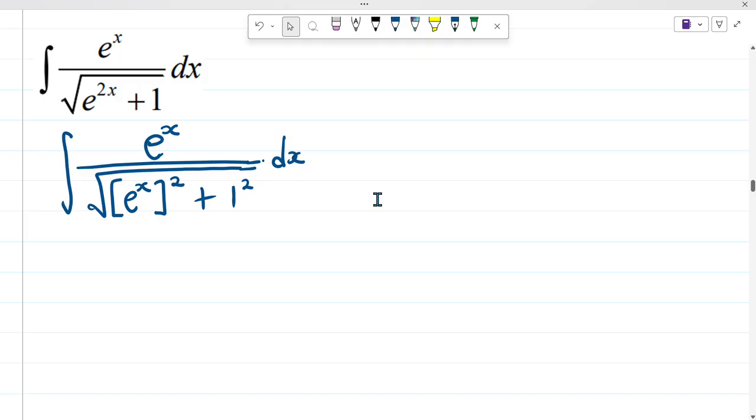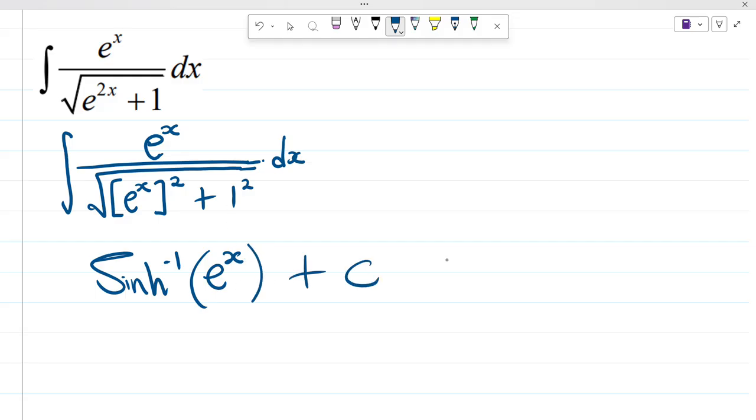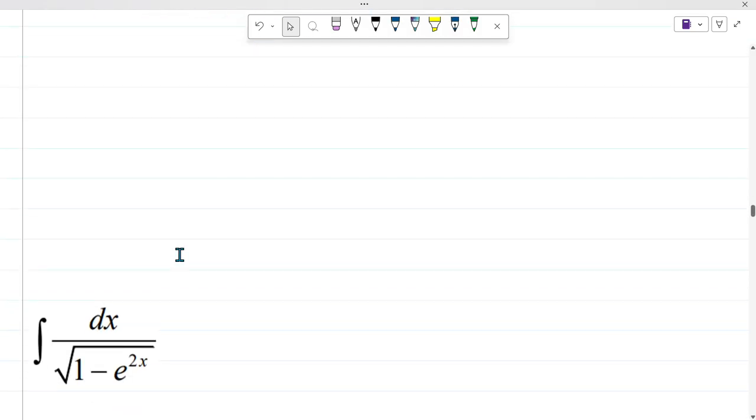Yes. Then now you're allowed to make conclusions and say, okay, that means I'm dealing with a hyperbolic sine inverse of just e to the power x. e to the power x divided by a is just e to the power x. So then plus c. Ta-da! You have your answer there correctly. So that's just it. Make sense? I hope it does.